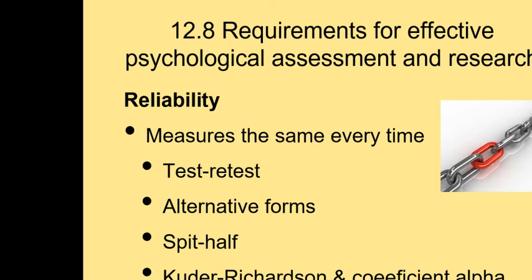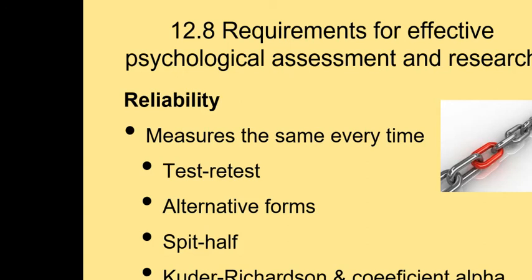Alternative forms is when I set up two tests that ask basically the same questions but in slightly different ways, and I look at, if you've done the two tests, do you get more or less the same score for the two tests, which you should if they're measuring the same construct.